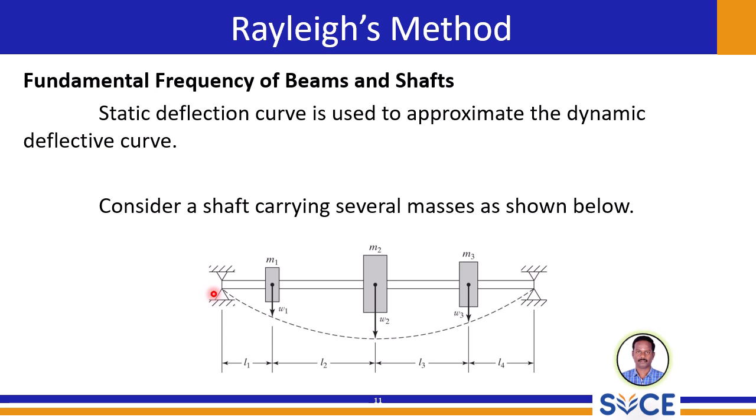Rayleigh's method leverages the shape of this static deflection to estimate the fundamental frequency of vibration for any given system. The distances of the masses from the supports are also indicated as L1, L2, L3, L4, which are important for calculating the actual static deflection.